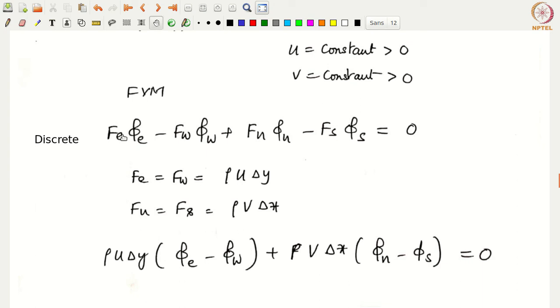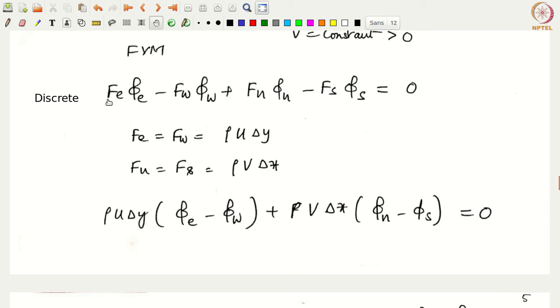Okay. Then what we get is rho u delta y times phi little e minus phi little w plus rho v delta x times phi little n minus phi little s equals 0. Okay. So this is our equation, obtained by substituting for the flow rates in terms of rho u delta y and rho v delta x.